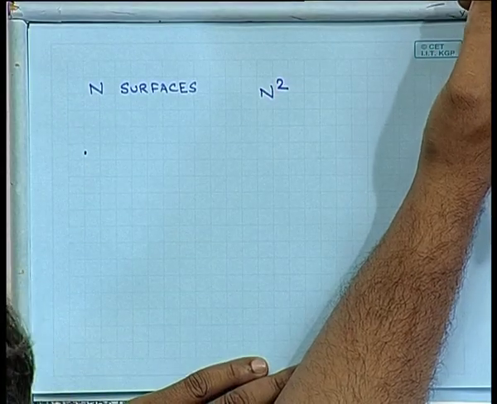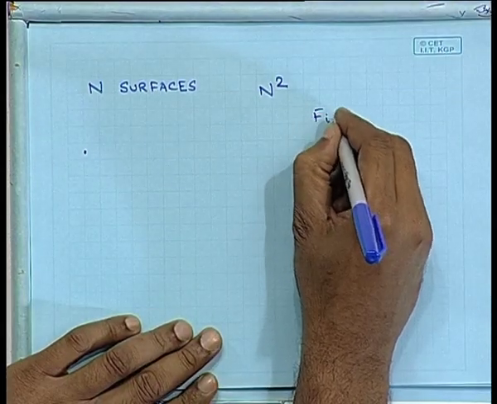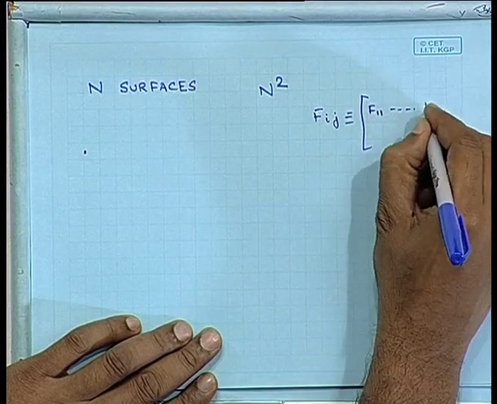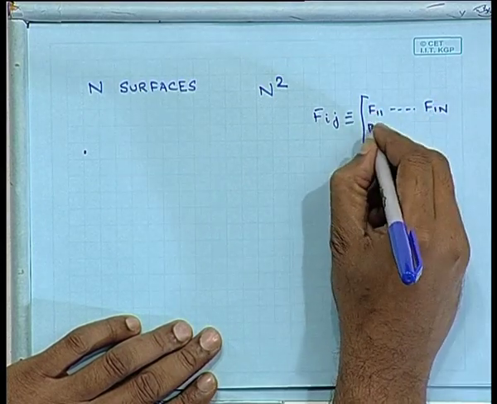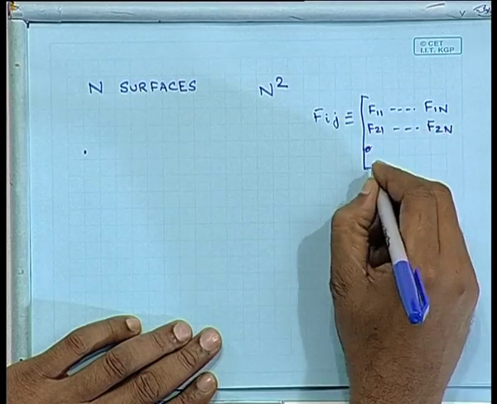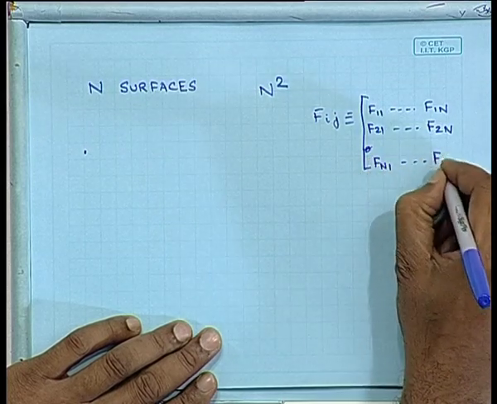All right. And so, if I have the view factor matrix, it is going to be equal to f11 up to f1n, f21 to f2n and fn1 to fnn.